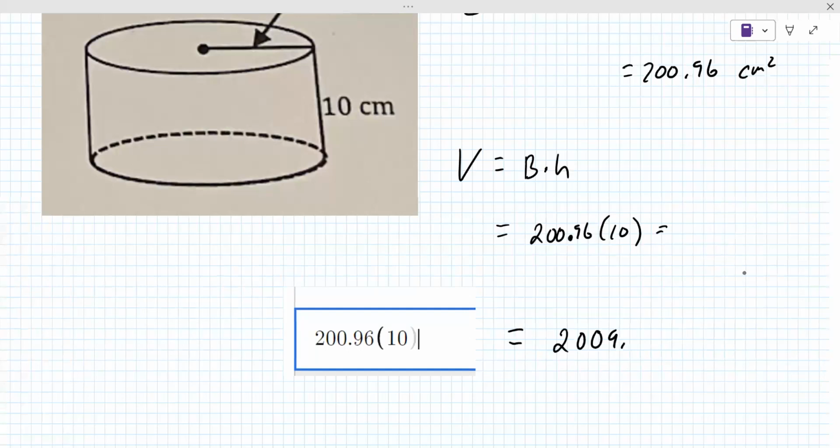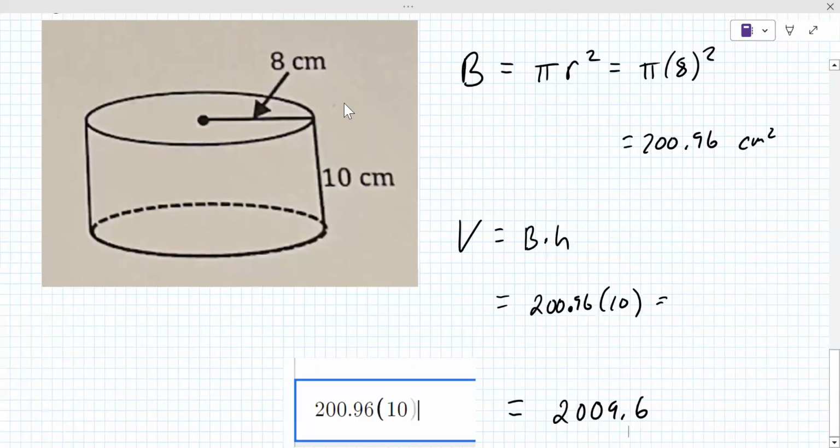What are the correct units of this? That's inches cubed. Look at the units one more time. Centimeters cubed. Good. Good job.